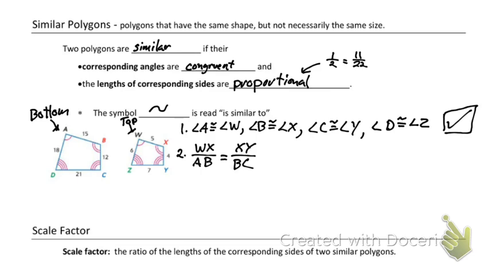WX came from my top shape. XY came from my top shape. My next corresponding sides are going to come from the top shape. So that's going to be this ZY over DC. And finally, we're going to do that ZW over DA.